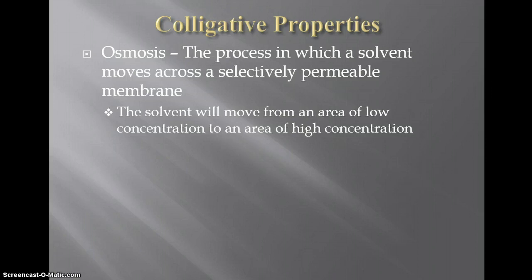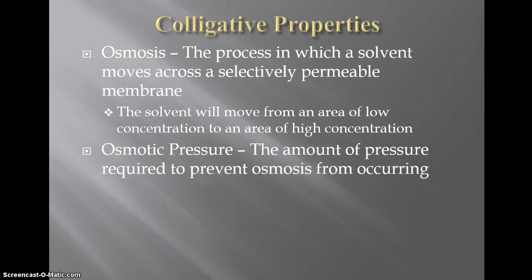If you have a concentration outside the cell that is very weak, then the water will flow into the cell because the solution in the cell is more concentrated, and therefore the cell can end up bursting. So you have to maintain a very, very controlled balance, which is amazing in terms of how we were created, because here you have a situation where the body needs to maintain a very precise balance in order to survive, and yet somehow it does.